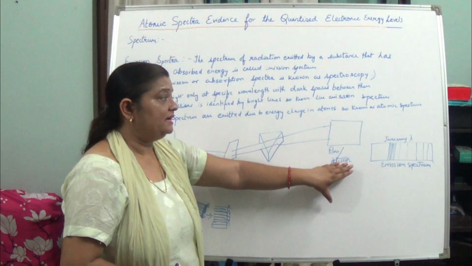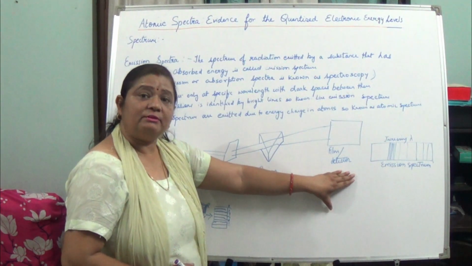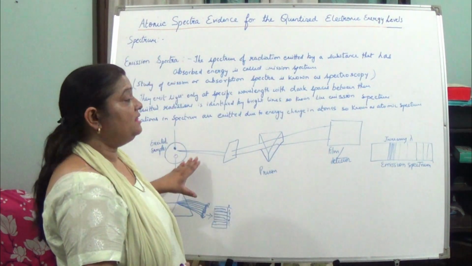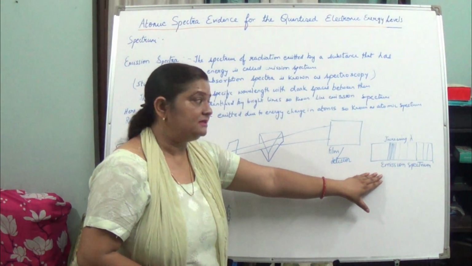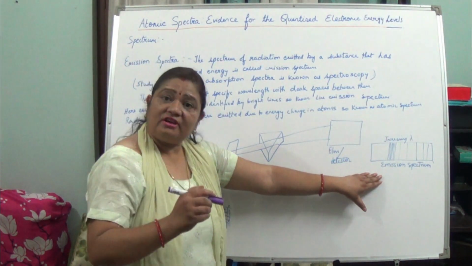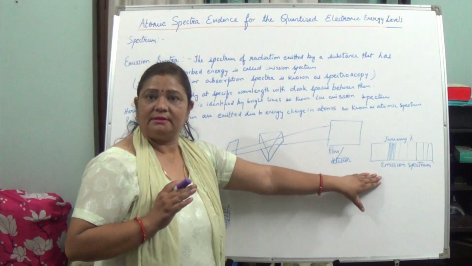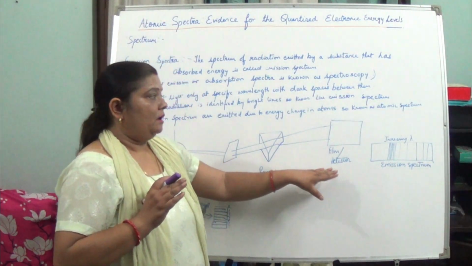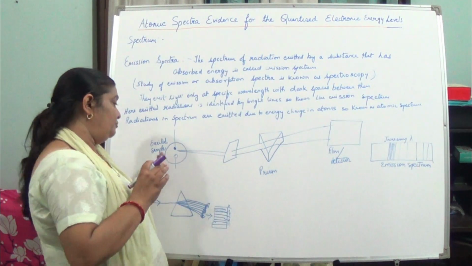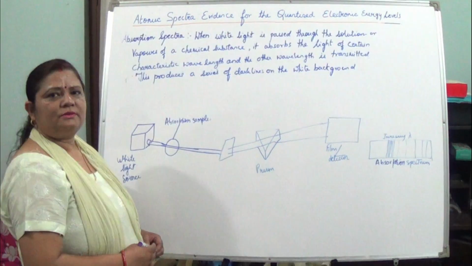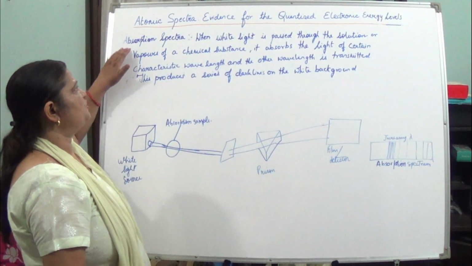One thing you have to remember is that the presentation of the bright lines and dark lines is specific for a particular element, and it will always be the same whenever we do the experiment of emission spectra. So now, absorption spectra.